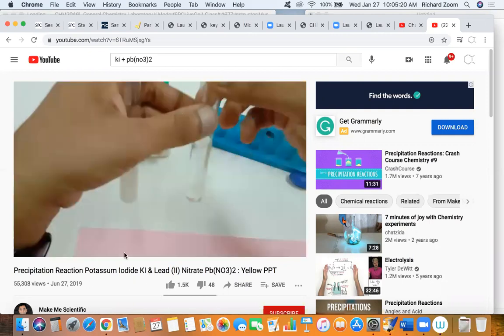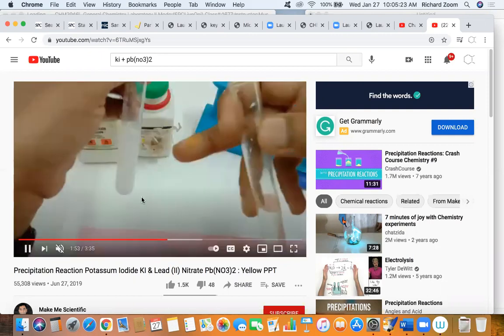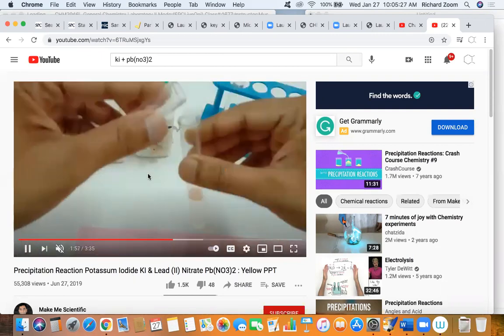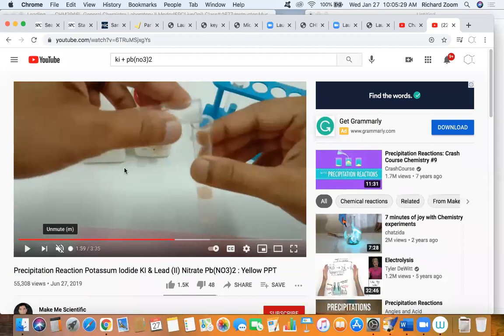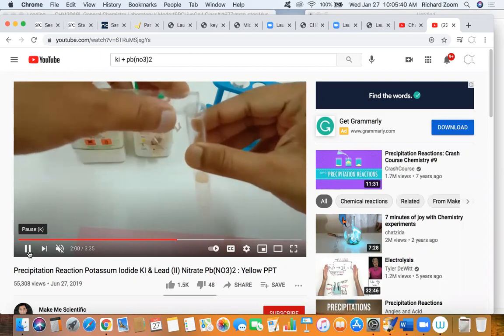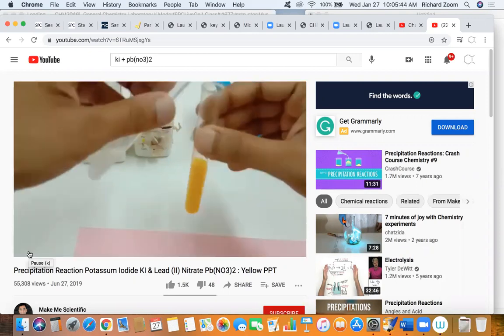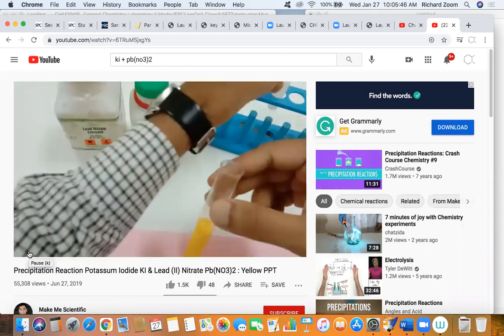So these are the 2 solutions here, and that really should be more colorless, clear and colorless. But since they're both aqueous solutions and we add them together, you'll see in a second, he's adding them together, you get this yellow solid precipitate.